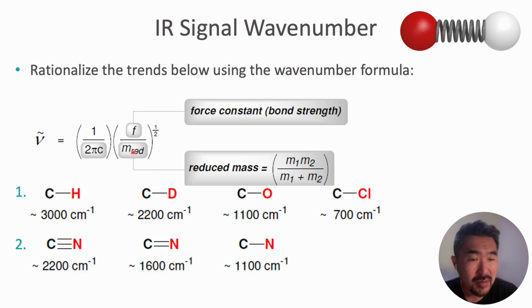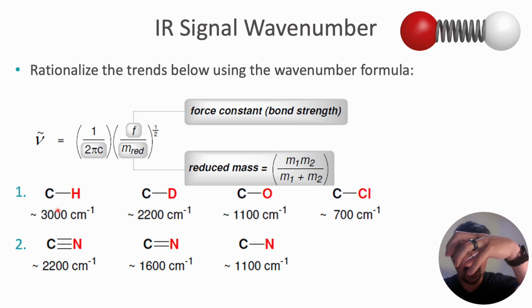Now, in the denominator is the mass of the two atoms connected together by the bond. As you can imagine, if you're dangling a slinky attached to a light atom, it would vibrate at a much higher frequency than if you attached a heavy atom.